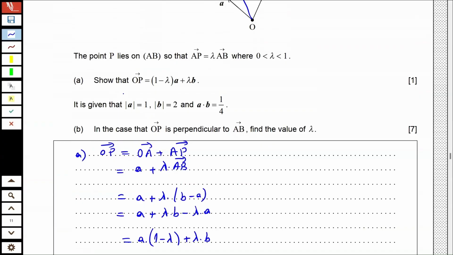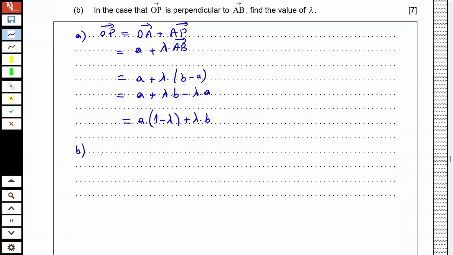It's given that the magnitude of A equals 1, the magnitude of B equals 2, and A dot B equals 1 over 4. In the case that OP is perpendicular to AB, find the value of lambda. So if the OP vector is perpendicular to AB, the scalar product of these two vectors is going to be 0.